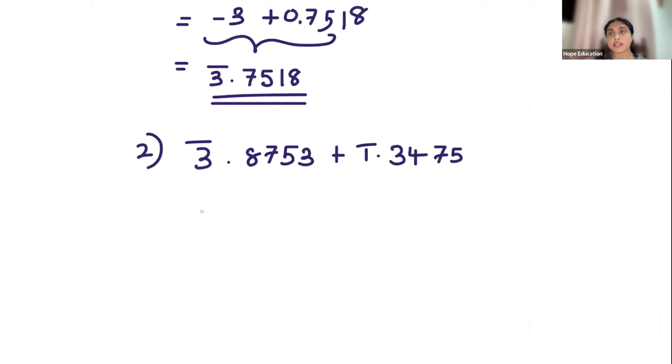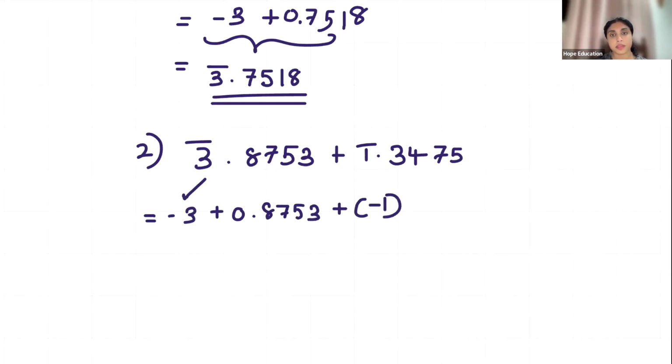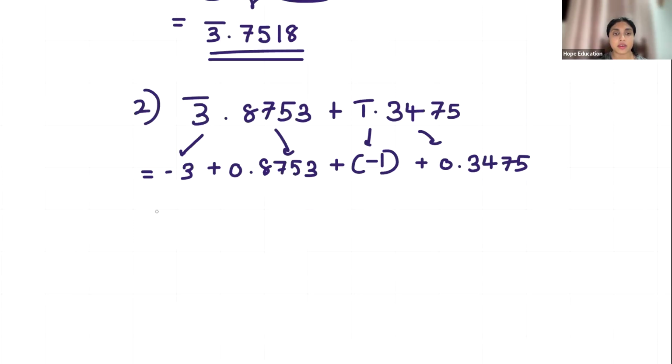First we separate the characteristic and mantissa. Here the characteristic is -3 and the mantissa is 0.8753. Here the characteristic is -1 and the mantissa is 0.3475. I write the characteristics together and the mantissas together.